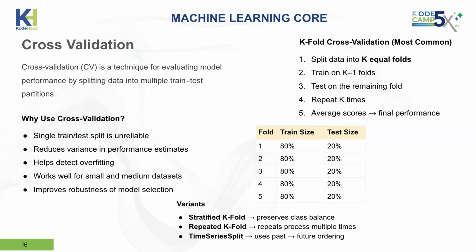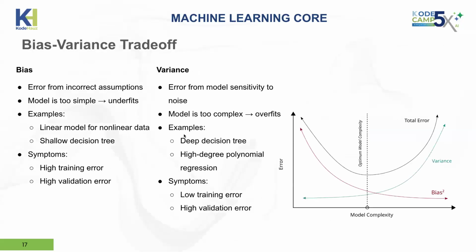When you are done with that, you move to the next one and use it as validation and still use the rest as training. And you just keep going like that. At some point, you would have used all of the splits for validation and all of them for training as well. So this really helps with overfitting because you're not just using some part of the data for validation; you end up using all of the data for validation.